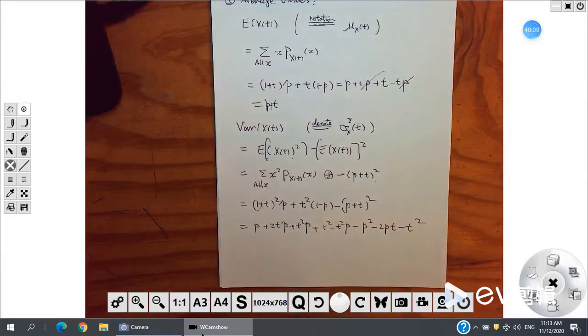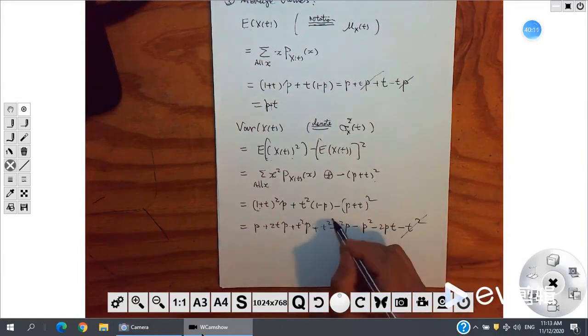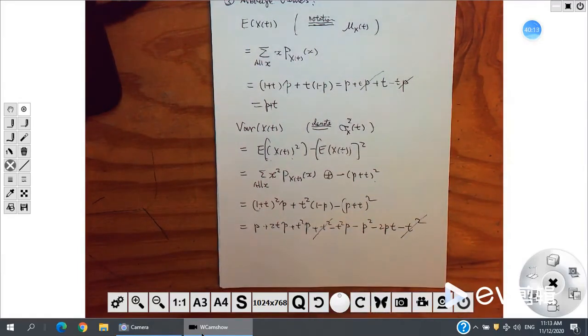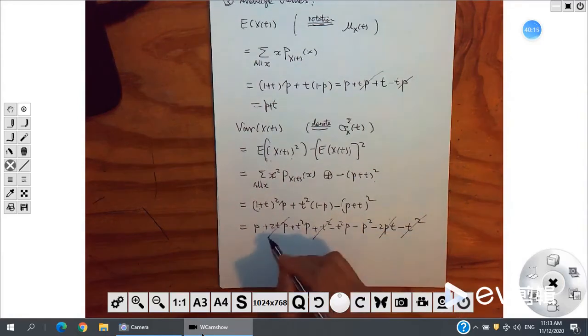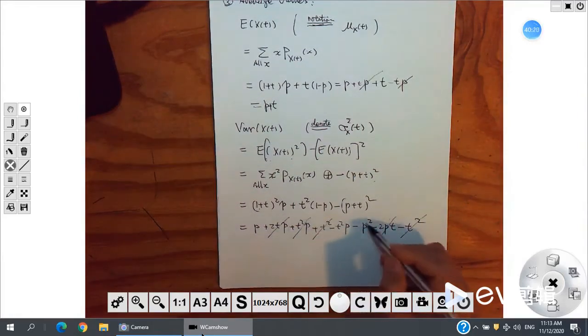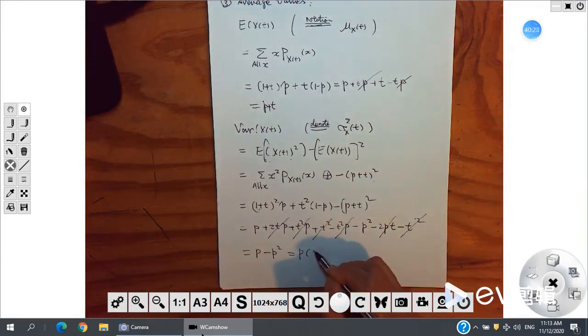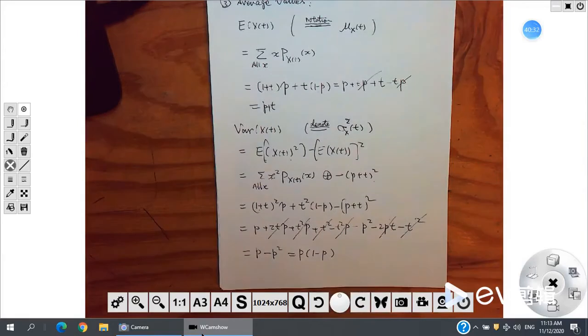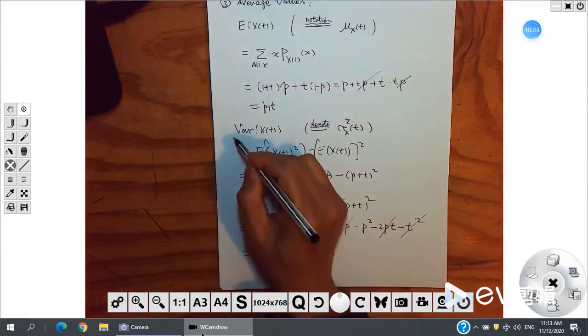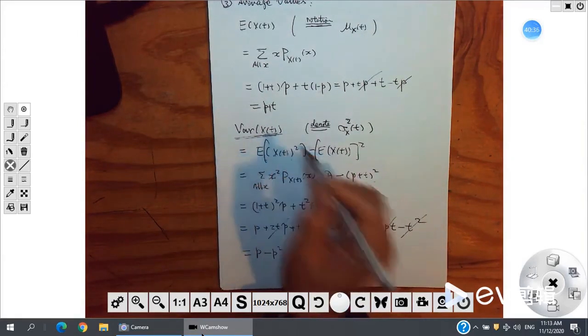Yeah, t squared and t squared cancel. And negative 2pt, positive 2tp, they cancel. Anymore? These two, t squared p, positive, negative. So this is p minus p squared. You can also write it as p times 1 minus p.